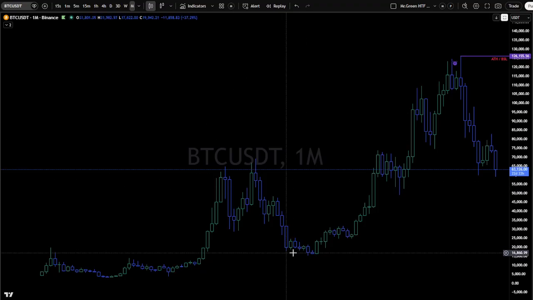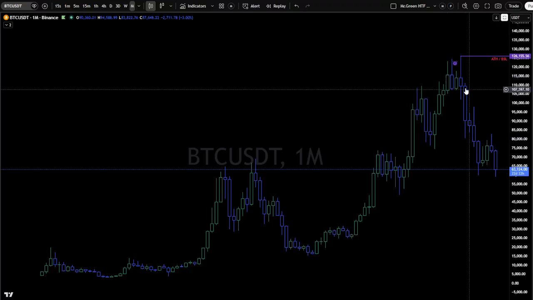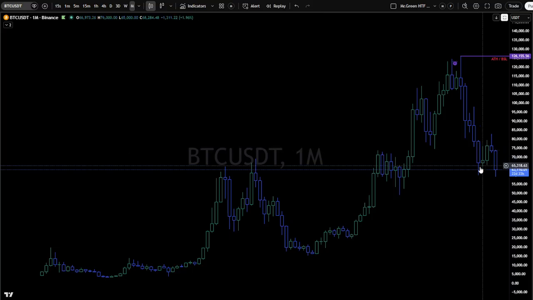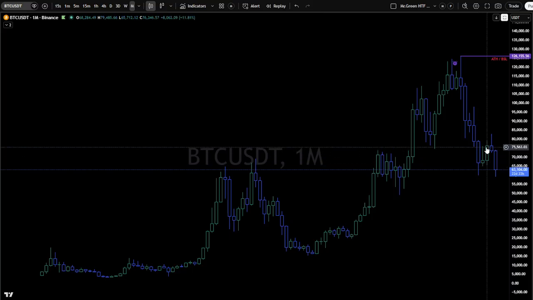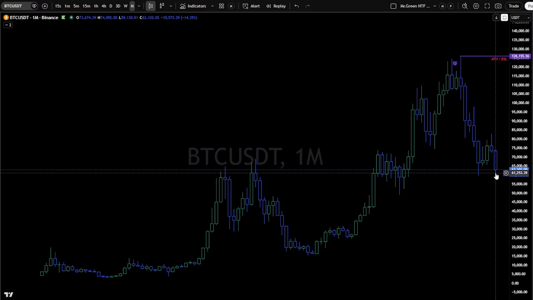We have Bitcoin price action rising up here, then falling from back in October till February, then a small rise, then a small drop in May, and now in June it plummeted straight down.